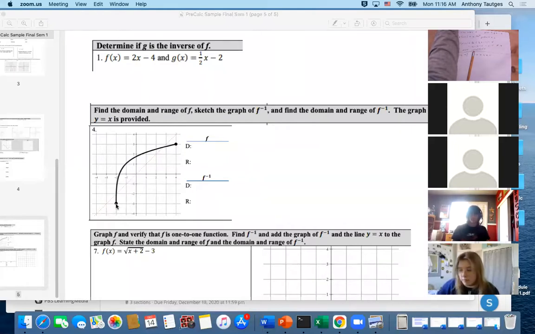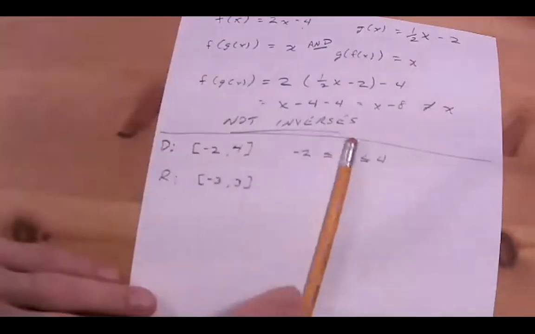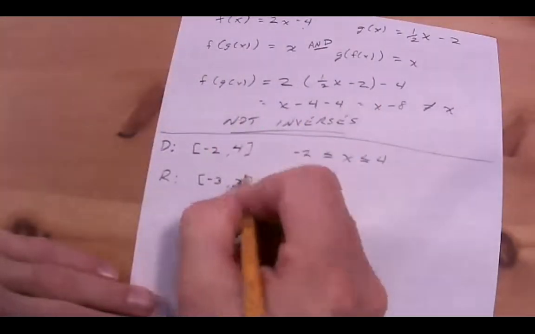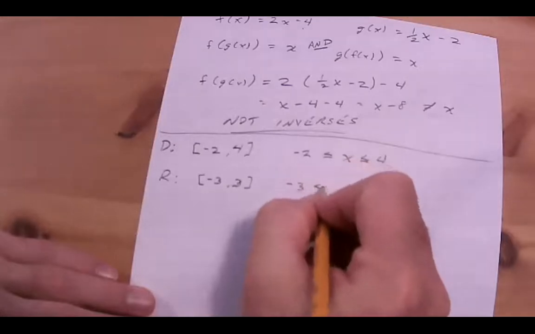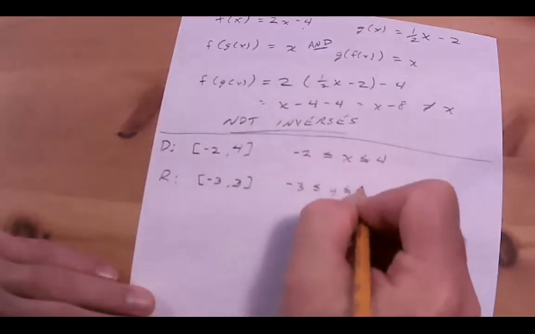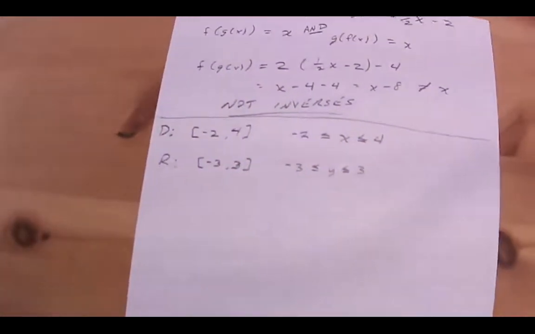It doesn't start until y equals -3 inclusive. And it goes all the way up to y equals +3. So the range, I would write -3 to 3 in interval notation. In inequality notation, we would write it like that.